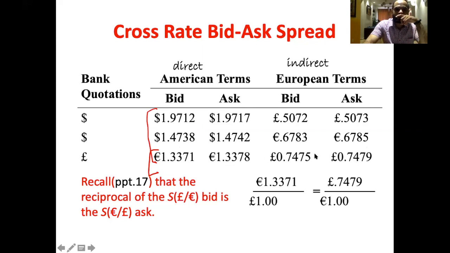All right, so that's the whole idea for your cross rate bid and ask spread. We studied cross rate first, and then cross rate bid and ask. Under cross rate bid and ask, we don't have to convert into dollars every time. So we can find one rate that helps us directly convert into cross rates, right?